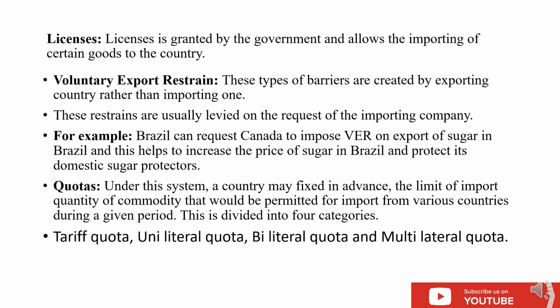Bilateral quotas are fixed after negotiation between the importing country fixing the quota and the exporting country. The fourth and last one is the multilateral quota. A group of countries can come together and fix a quota for each country, which is called a multilateral quota.